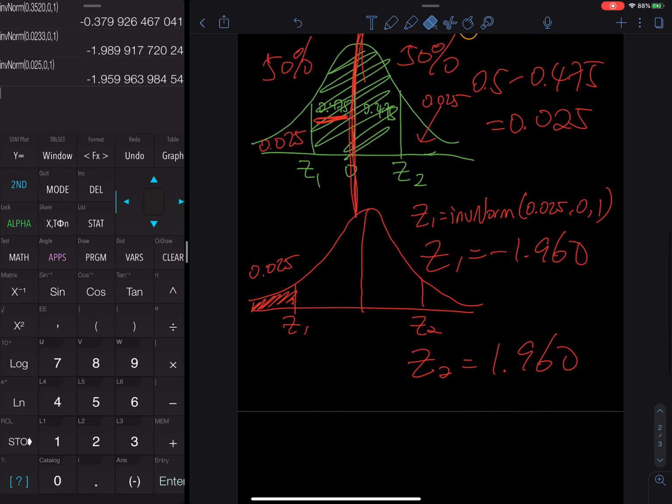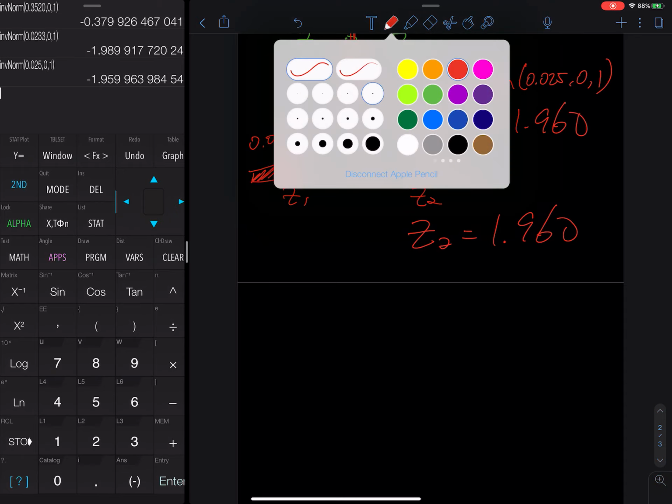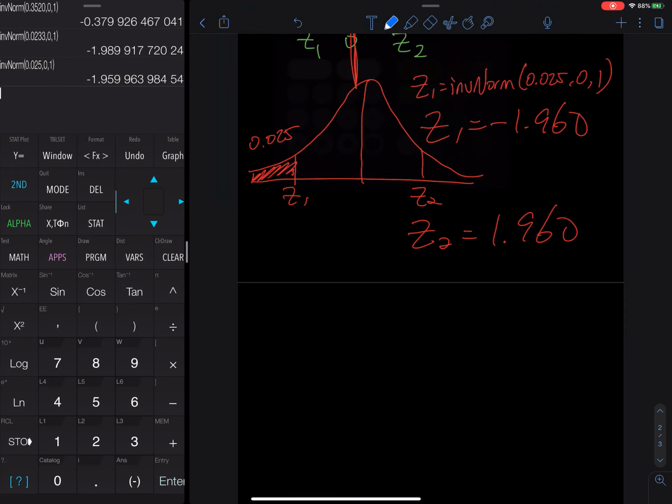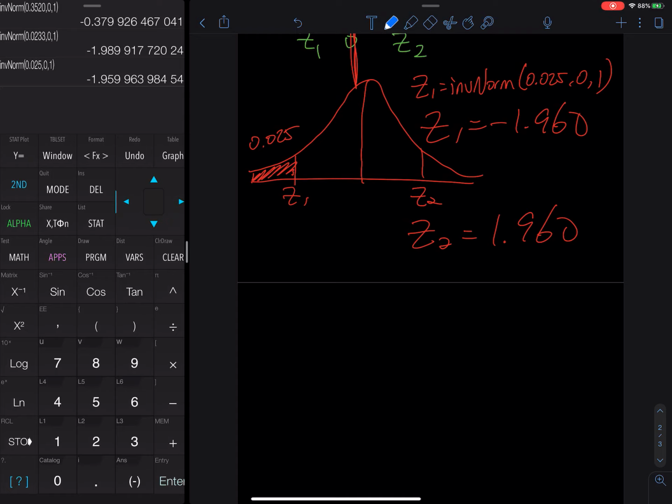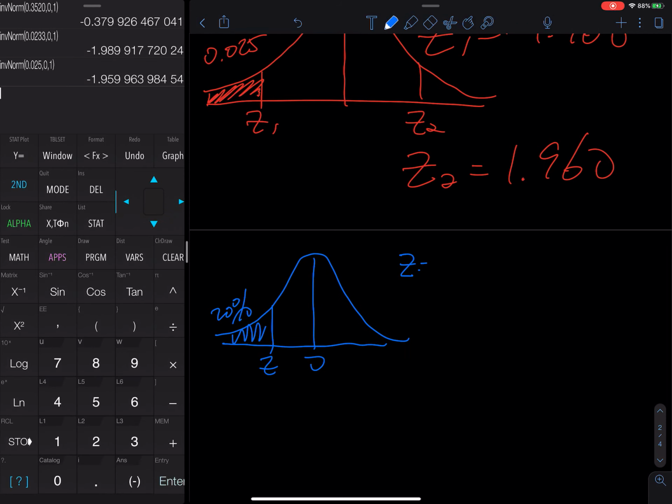So the first one that I want to give you, let me switch to some other colors. I want to have a 20% on the left. Okay, so this is a 0. I want to cut 20% on the left. What is this Z? The Z is inverse norm 0.20, 0 and 1.